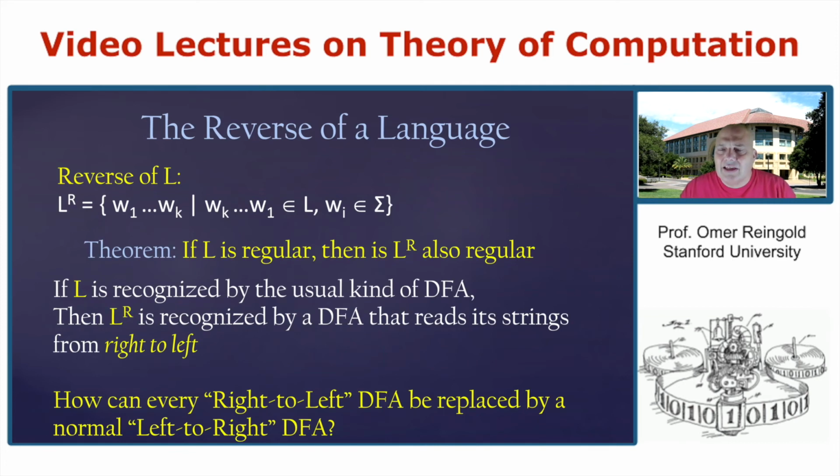Essentially, you can take every right to left computation and replace it by a left to right computation. The reverse means that instead of looking at the string w1 up to wk and asking if it is in L, we're going to read it from the other direction and ask whether it is in L.